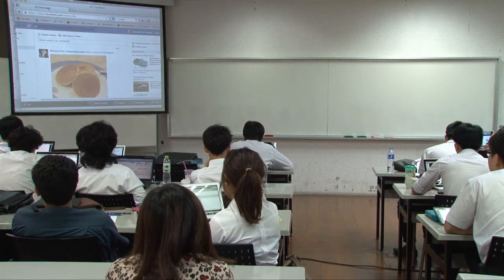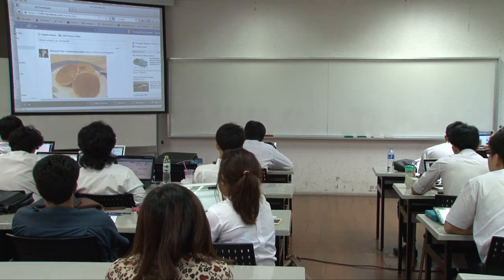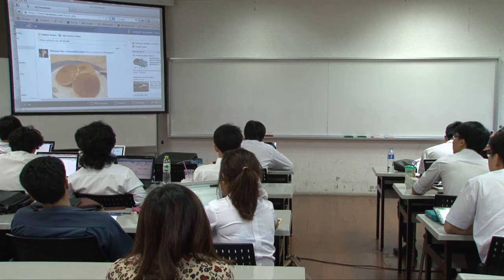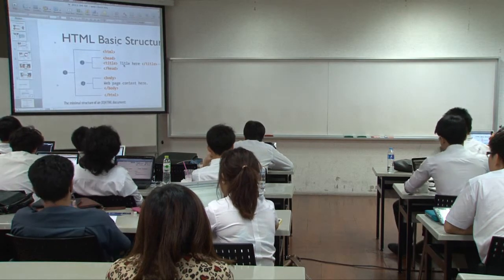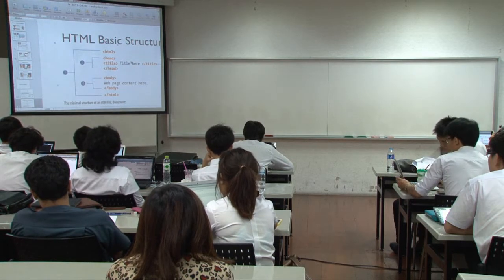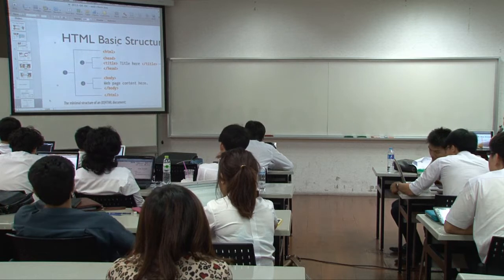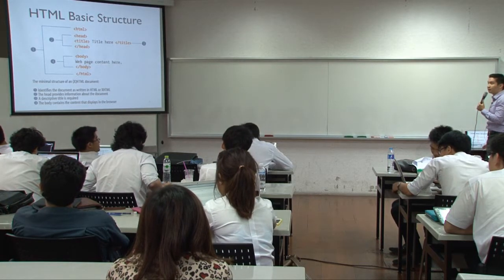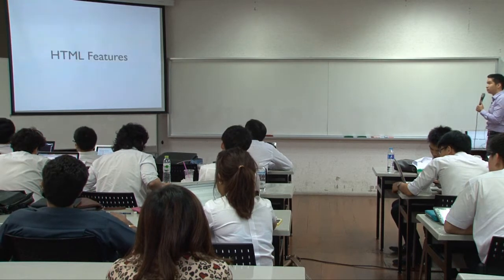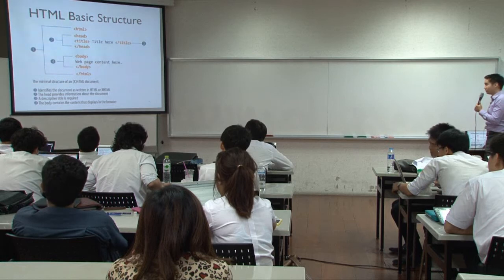So this is what we call the title of the web page. If you wanted to have some text here, you simply put that text inside title. And then the last part that you need for your website is the body, which is labeled as number 4 here.